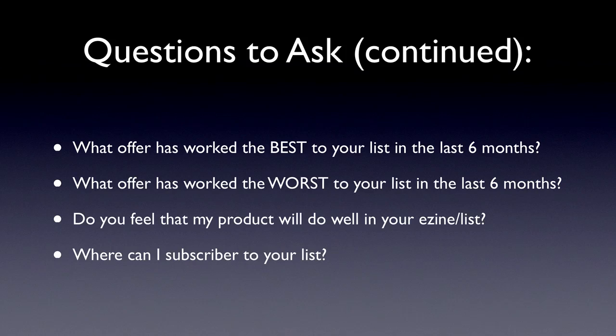Make sense? But the cool thing is that's why you need to have 40 or 50 of them, because as you go through them, not everybody's going to reply to you when you ask them those questions, but all you need really is 5 to 15 good publishers that you can go to over and over again and buy more ads in their lists and their publications, and you're set.